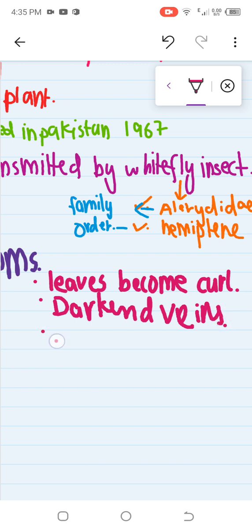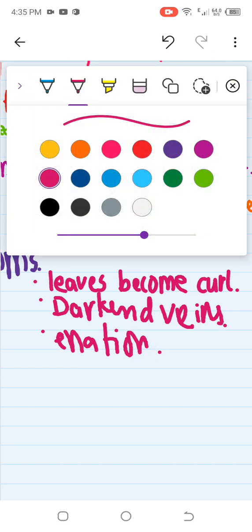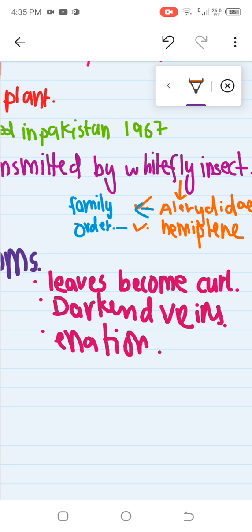And enation occurs. Now, what does this word enation mean? Basically, if one plant is growing, and at the back of that plant another plant starts growing, that is known as enation.